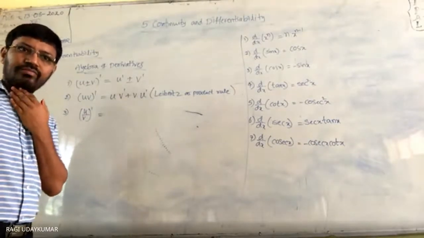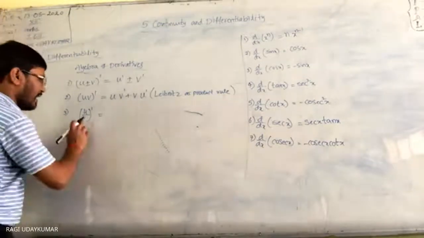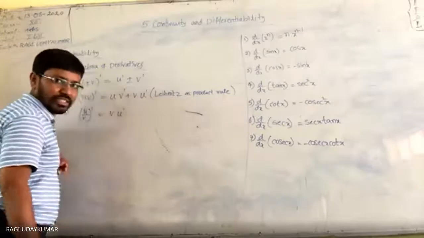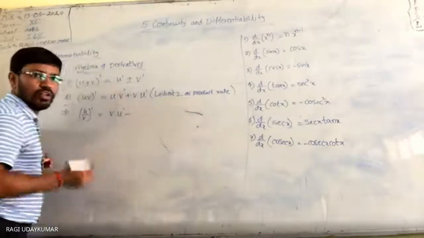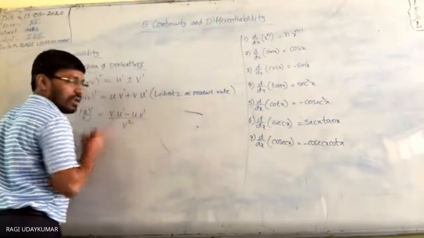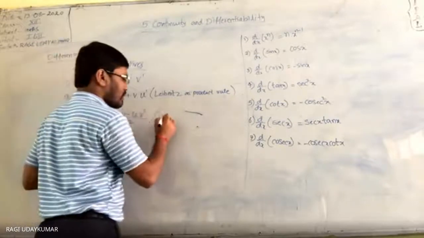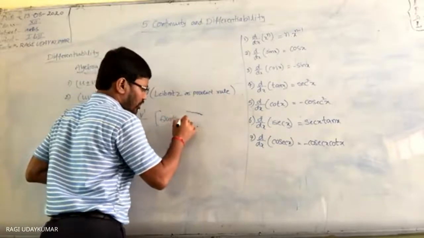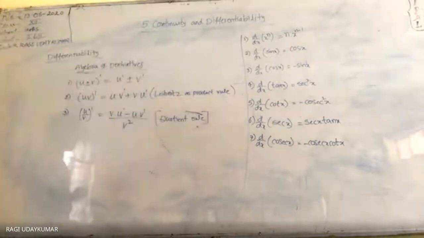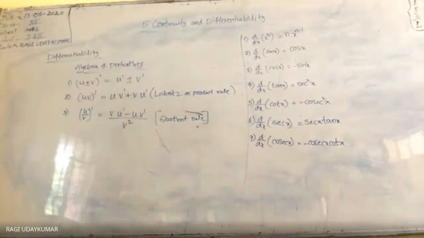No. It is denominator v into u dash minus u into v dash, by v square, and it is called the quotient rule. So these are the algebra of the identities that you have learned.